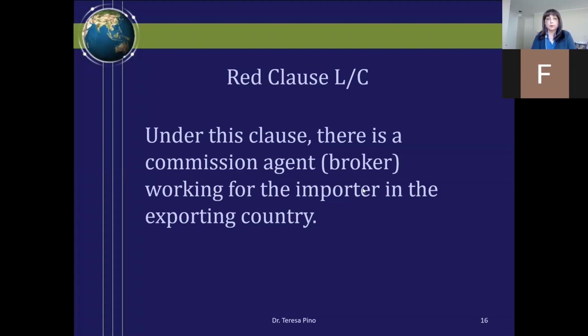What happens with this? I'm going to give you an example. Let's suppose that you want to work right now. You know the process of imports and exports. And you find a small entrepreneur that doesn't know how to do this process. So you know what he's selling. Let's suppose this entrepreneur is selling honey.